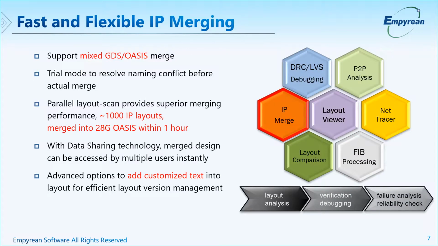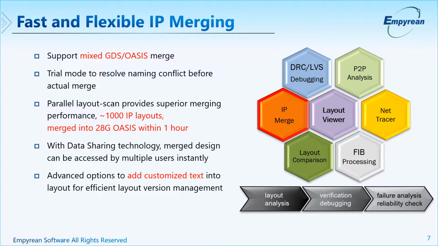Skipper provides fast and easy to use chip assembly features. It can mix and match GDS and OASIS file formats. Its largely parallelized layout scanning technology greatly improves the time for loading and merging a design.